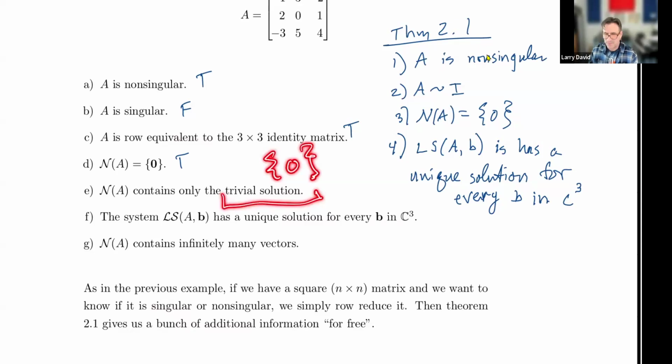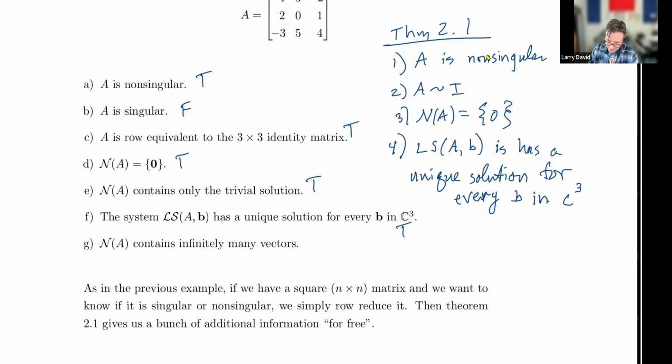So again, it comes down to definitions. Do you know what the definition of the trivial solution is? Well, if you do, the null space contains only the trivial solution. Well, the trivial solution is the 0 vector. So yes, that's true. The system has a unique solution for every B and C. Well, that's just a quote of statement 4. So, yep, that's true.